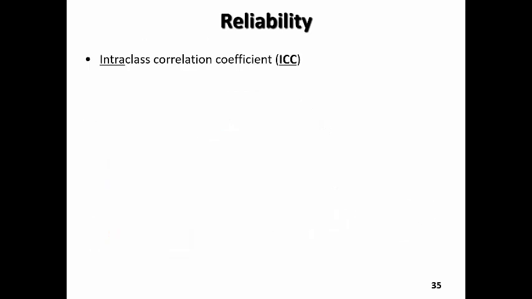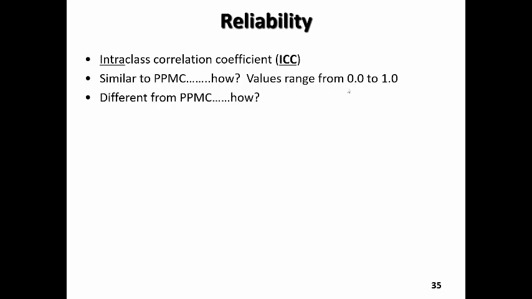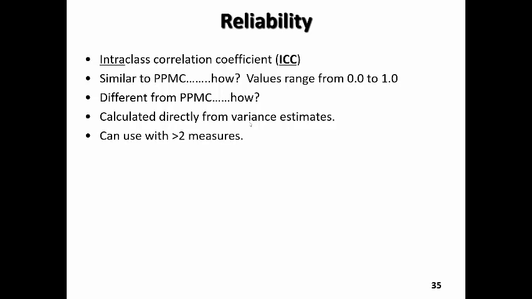A statistic that is widely used in terms of documenting reliability is called the ICC, or the intra-class correlation coefficient. This is similar to the Pearson product moment correlation coefficient in that the ICC values range from 0 to 1.0. It's different from the Pearson because the ICC is computed directly from variance estimates.